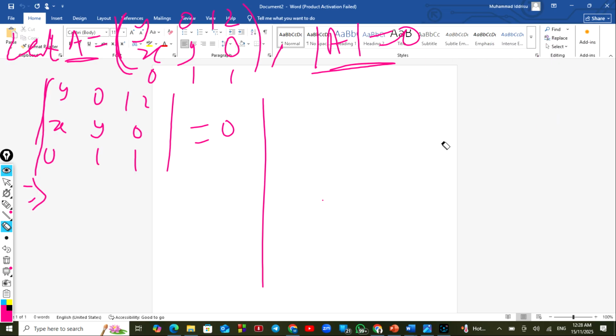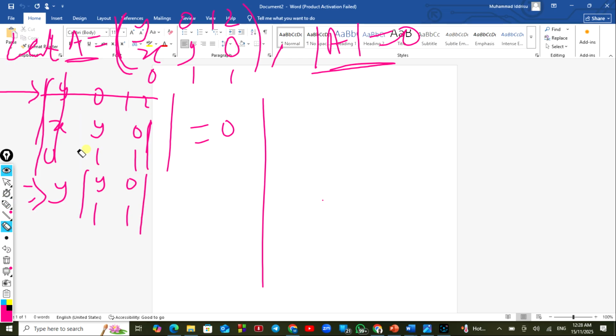Okay, so here, how do we find the determinant? We can use this rule. If I take y, I will delete its row and its column, and the remaining matrix, I will multiply by its determinant, which is y, 0, 1, 1.